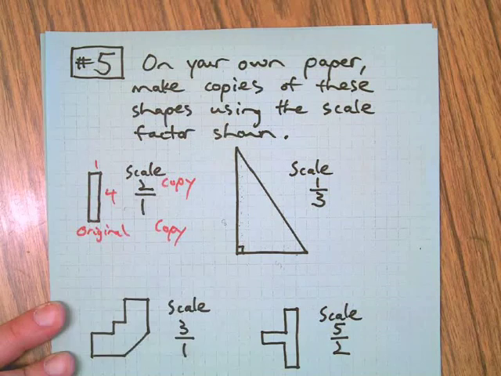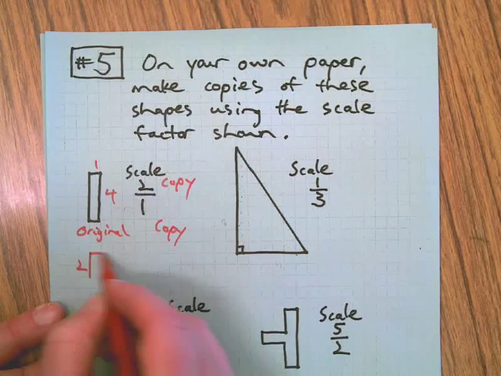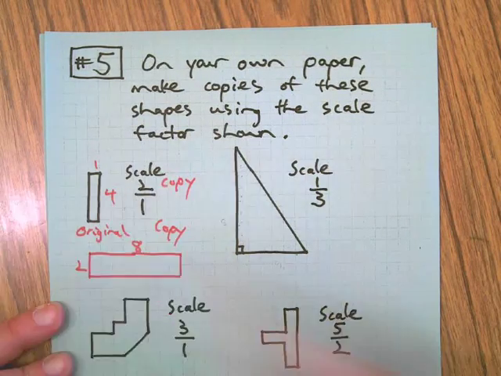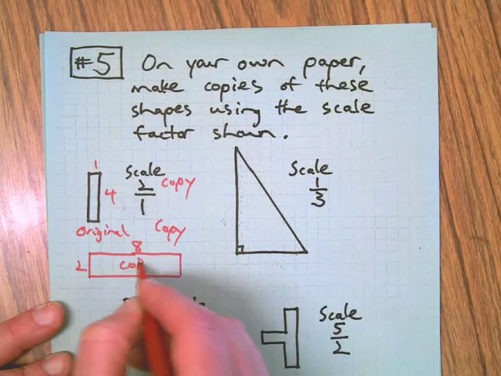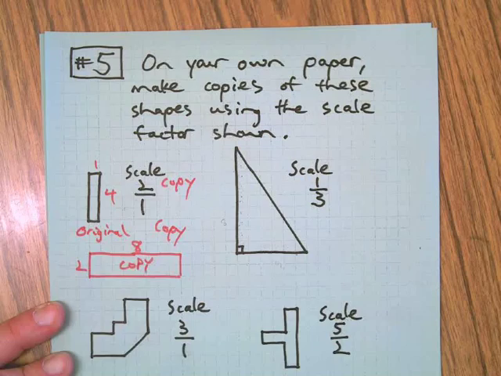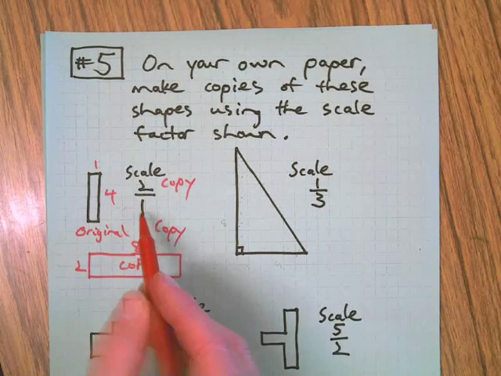So if the original has sides of 1 and 4 on a rectangle, my copy is going to have sides of 2 and 8. That's it. So scale factor tells me to multiply every dimension by the factor on the top compared to the original on the bottom.